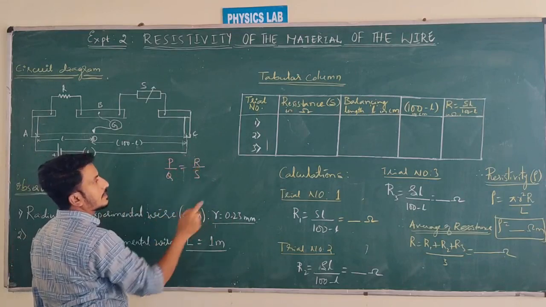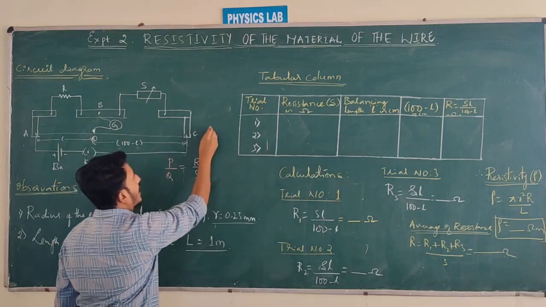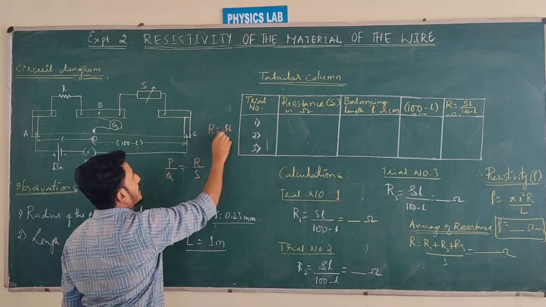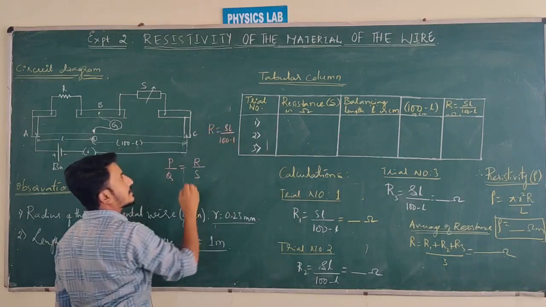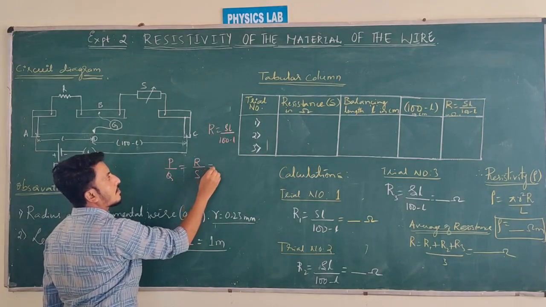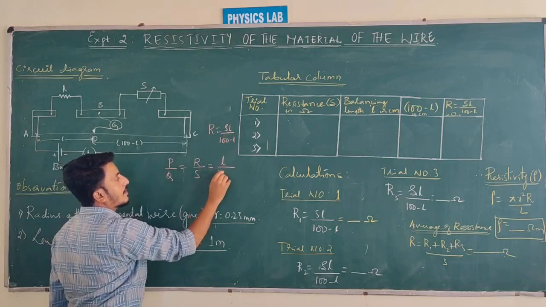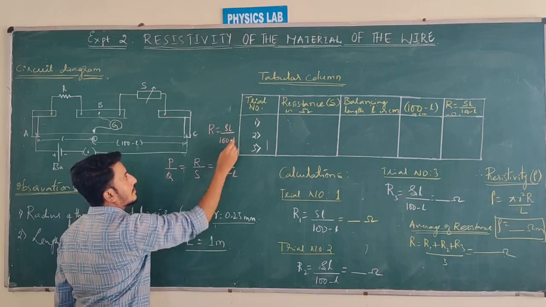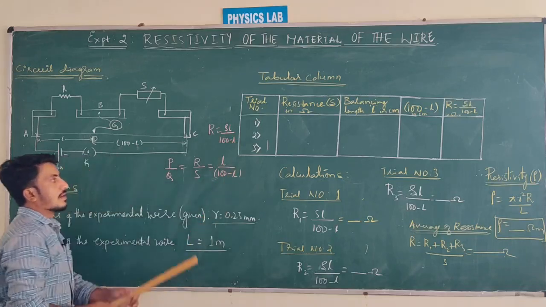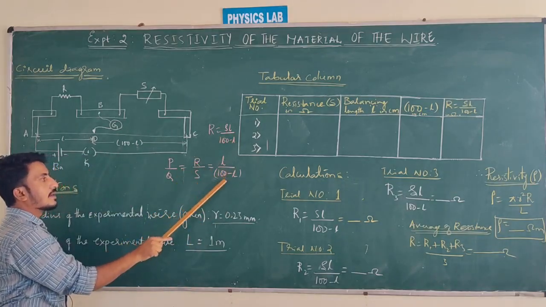R by S. Here in this formula we have R is equal to what? SL divided by 100 minus L. I will take this S here. What will happen? R by S is equal to, if I take S, remaining is what? L divided by 100 minus L. Okay. So, R by S is equal to what? L by 100 minus L. L by 100 minus L is nothing but what?